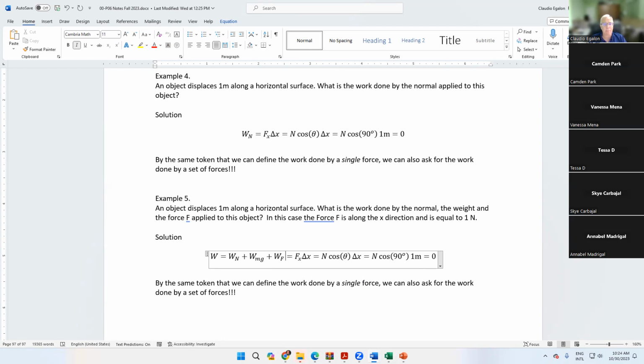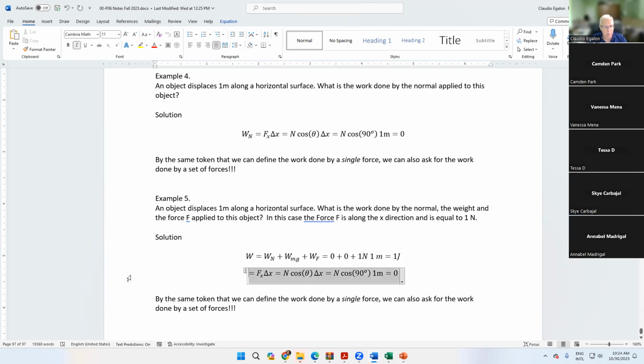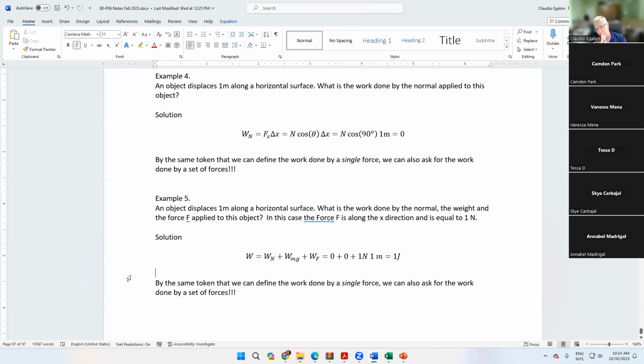That's what I'm asking. Because it is a horizontal surface, the work done by the normal is 0. The work done by the weight is 0. And the work done by this force F is going to be 1 Newton times 1 meter, which is equal to 1 joule.